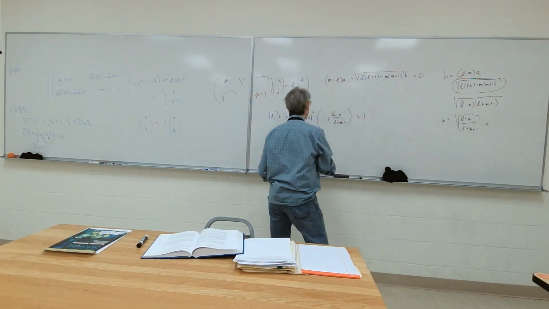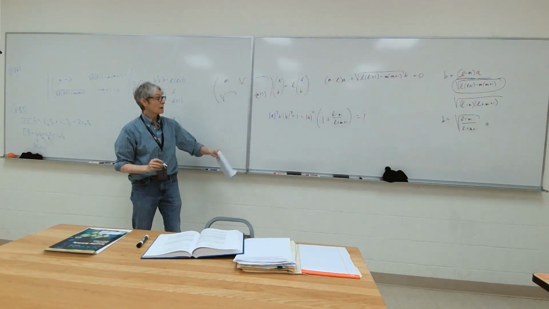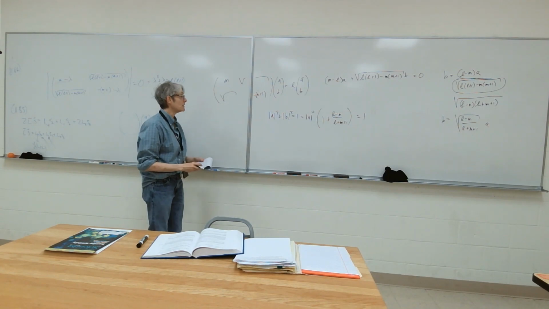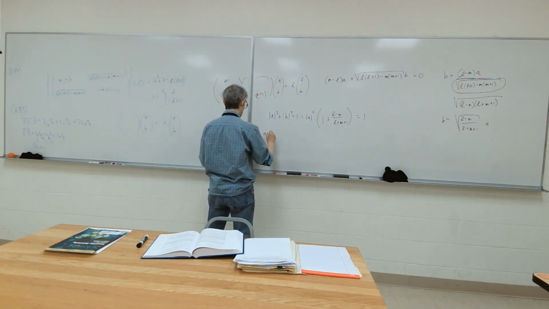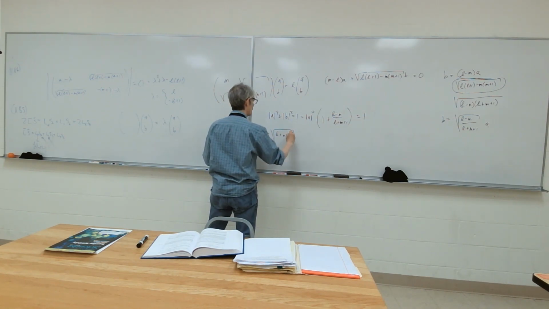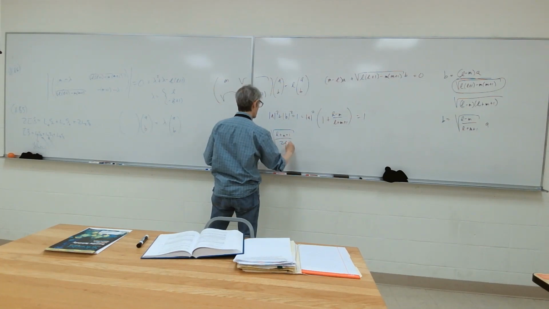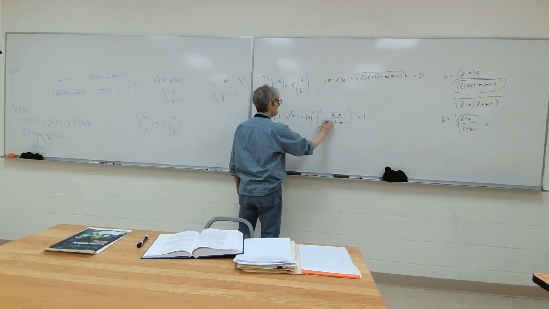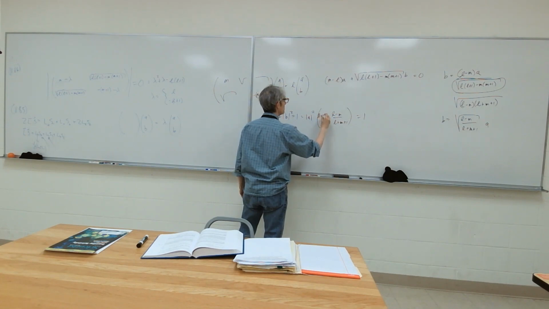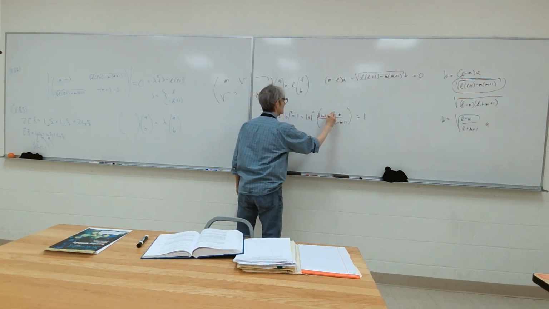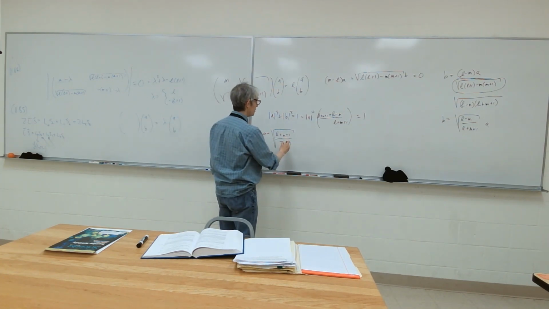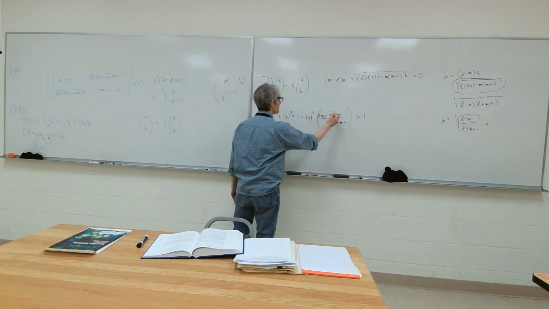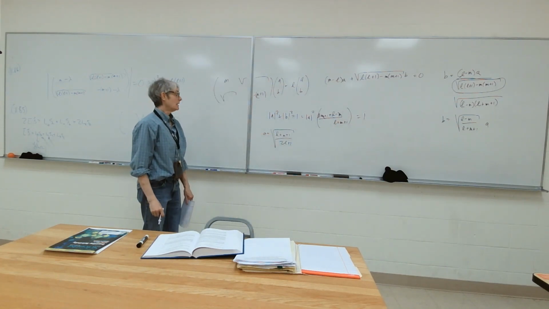So that gives me what A is, and since I know B in terms of A, now I know both. A is the square root of L plus M plus 1 over 2L plus 1. To get this, all I did was make this L plus M plus 1, and that's where I got 2L plus 1, because the M goes away.